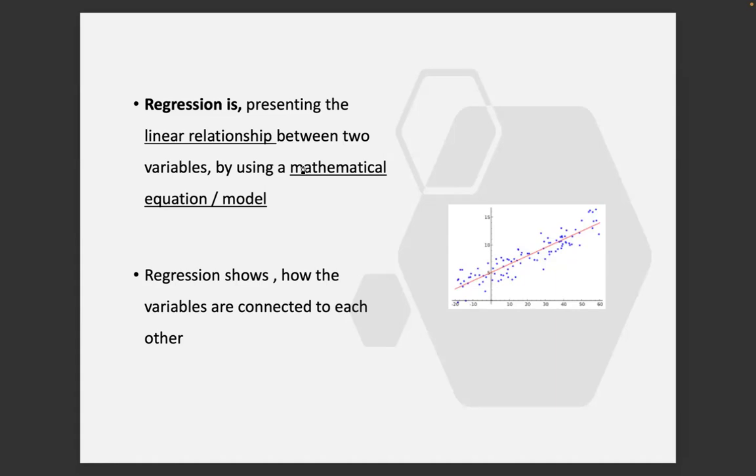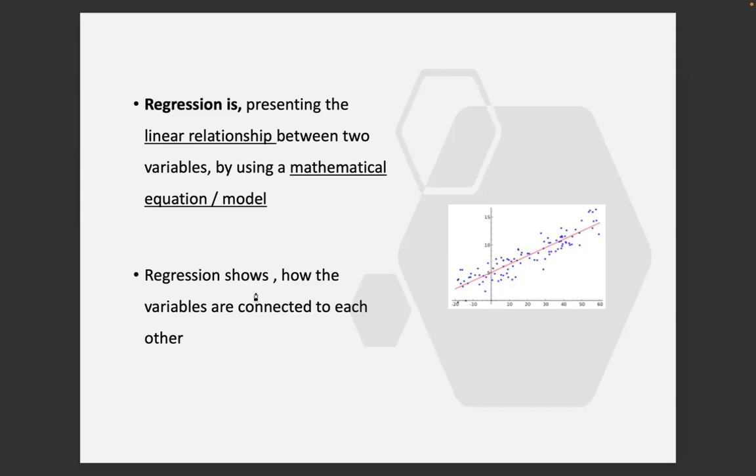From that only we can say that these two variables have a linear relationship, or else we can say it by calculating the correlation coefficient as well. So regression presents the linear relationship between two variables by using a mathematical equation or model.